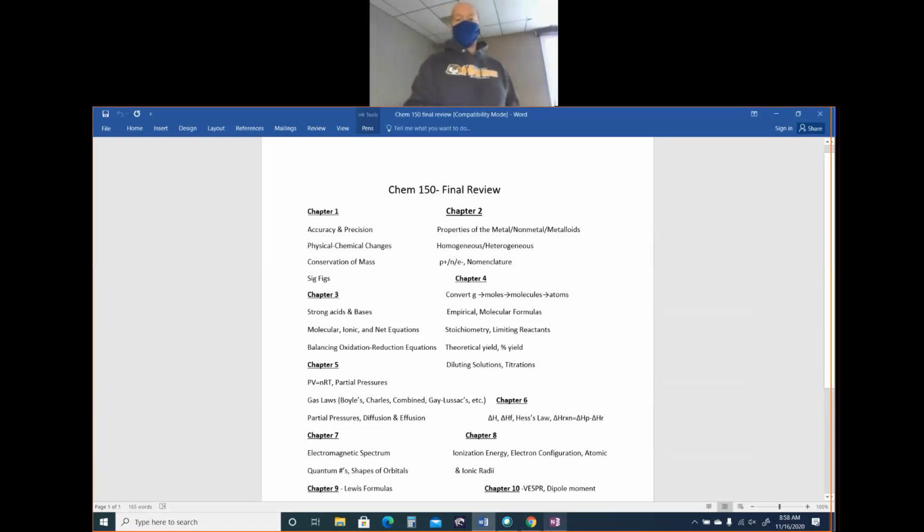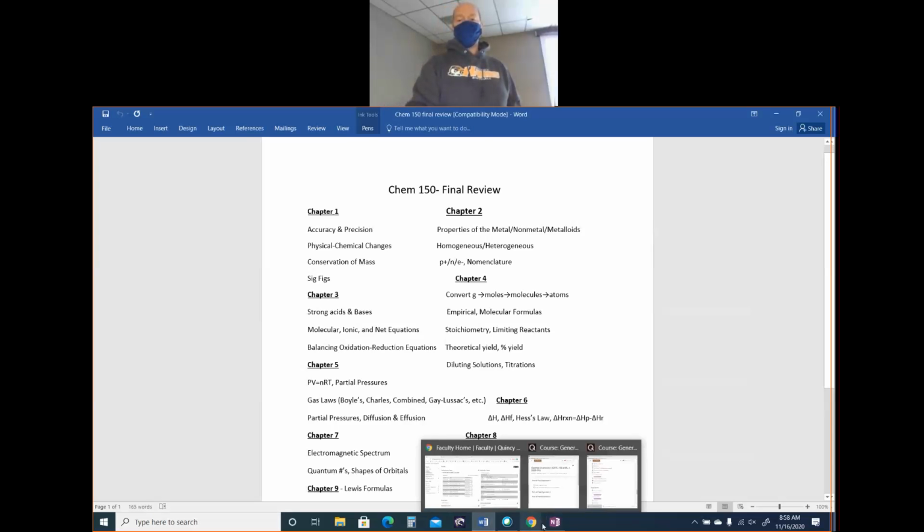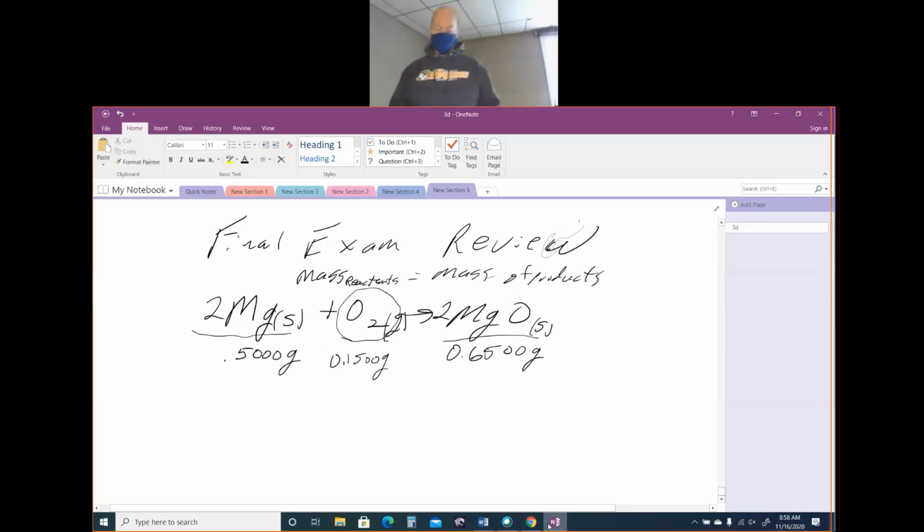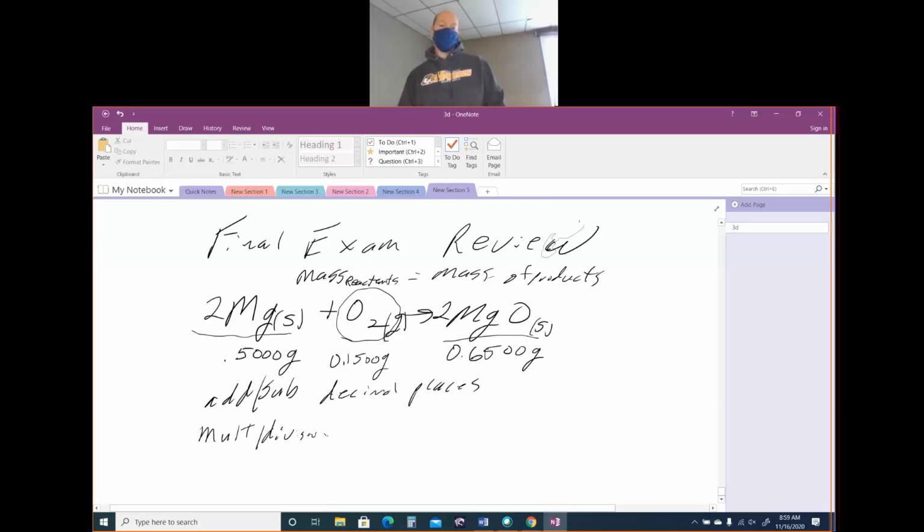Sig figs, all right, well, we just did sig figs when we did our conservation of mass. So when you're adding and subtracting, it's a number of decimal places. When you're doing multiplication and division, then you're looking at the significant figures.